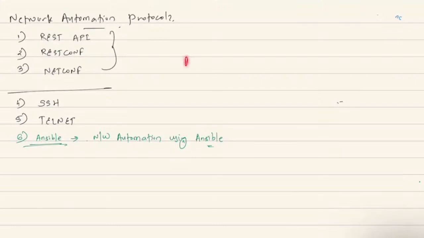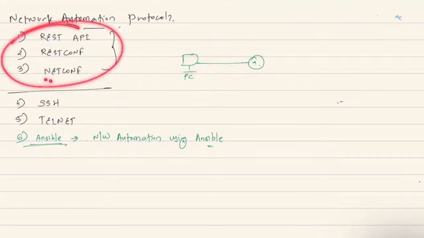For example, if I take one PC here and that PC gets connected with a router, if I try to fetch some information, my PC won't understand it unless the data is using a structured language to showcase the output. Or my data will not be pushed in an automated way unless I am pushing the configuration by writing it in XML or JSON. That's one requirement that REST API, RESTconf and NetConf possess.